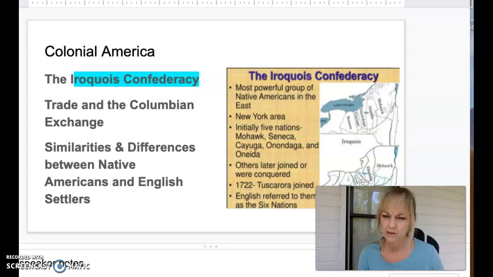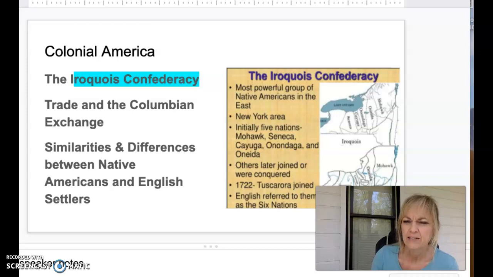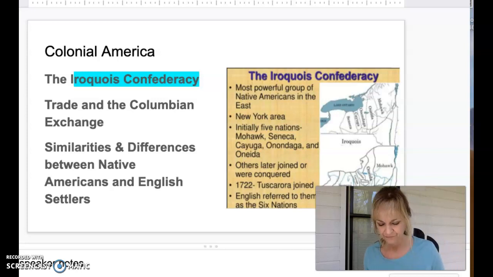So be sure to know the Iroquois Confederacy, which was a very powerful group of Native Americans that formed a confederacy there in the East. That would be the New York area. The Five Nations, Mohawk, Seneca, you can read that there. It was a political alliance so that they would have more bargaining power, and it ended some tribal warfare between those groups.